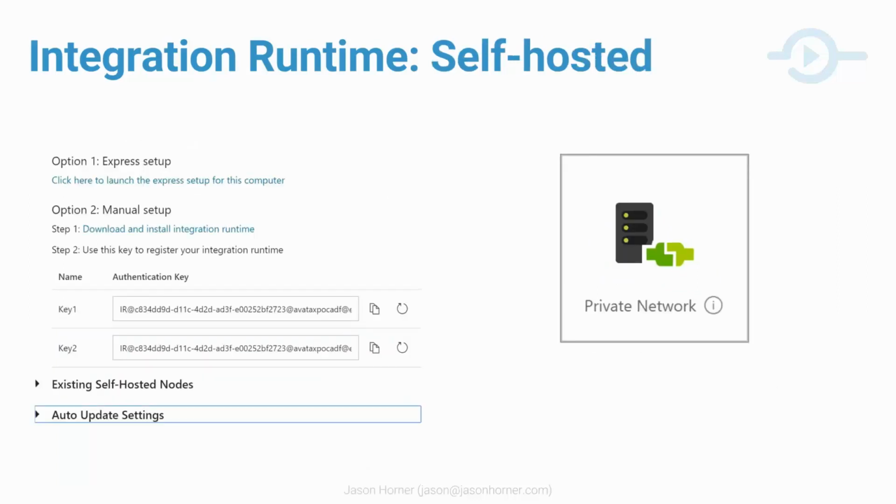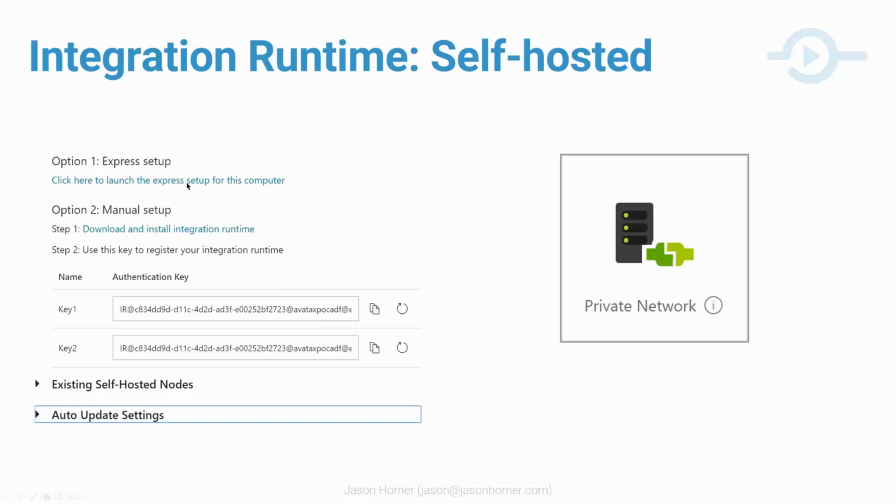The self-hosted runtime is pretty simple. It just takes 2 keys, and those keys are entered into the integration runtime software to allow it to authenticate. All that connectivity is encrypted.